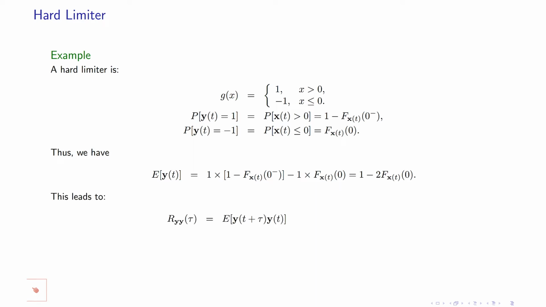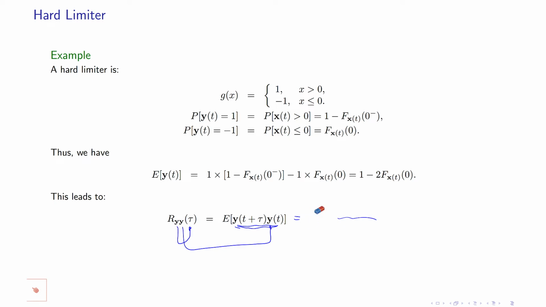If you want to calculate the autocorrelation of y, you take the sample at time t plus tau, and then you take the sample at time t. These two samples have 4 possible value combinations, so you have to calculate those 4 probabilities and then add them together.